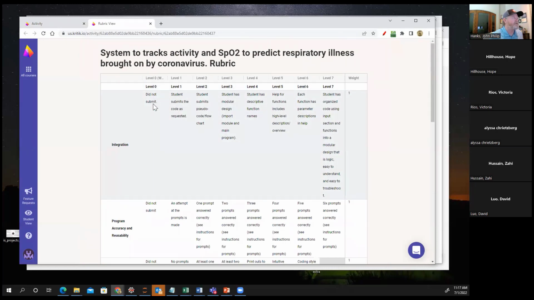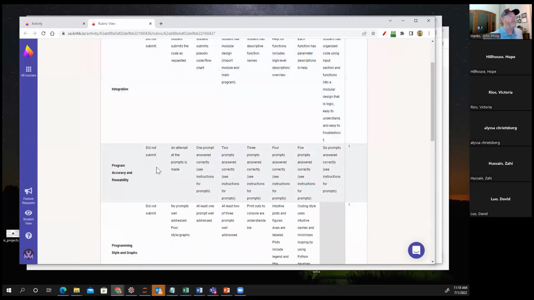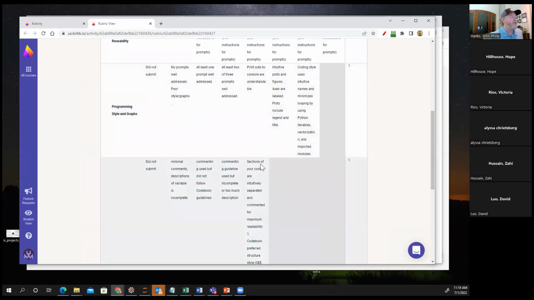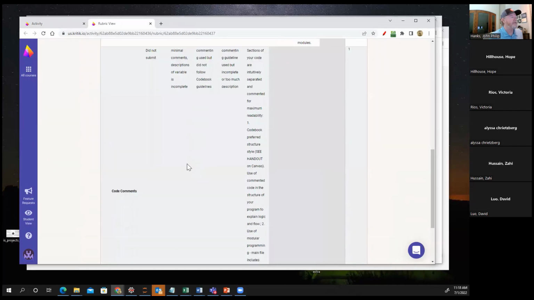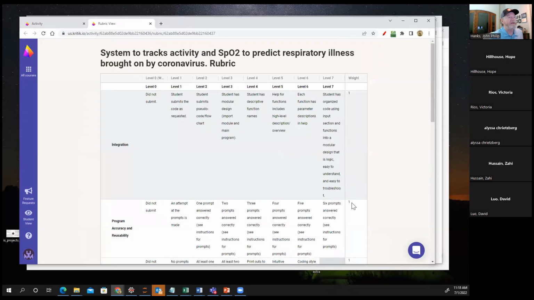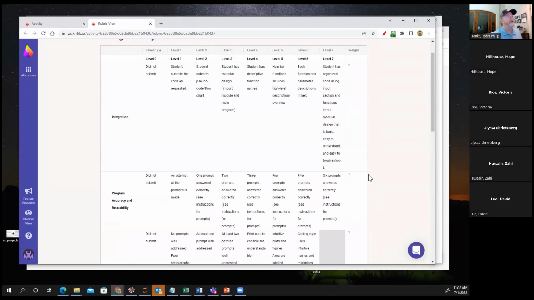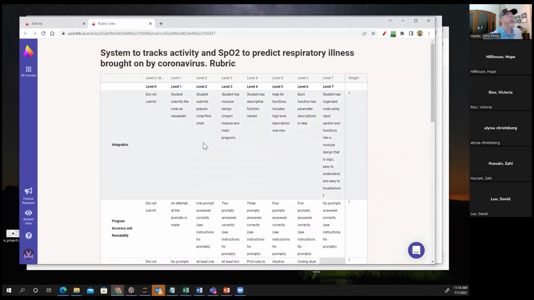Level 0 is that you didn't submit. And then level 7 is student has organized code using input sections and functions into a modular design that is logical, easy to understand, easy to troubleshoot. And then variations of that grading level. There is a level from 0 to 7, or 0 to 5, or 4 in the last one here, code comments. Each of those is weighted by a factor of 1, so they're equally weighted. You can look at the details of the rubric to understand exactly how to grade somebody.